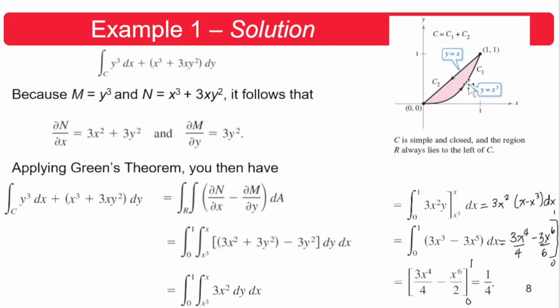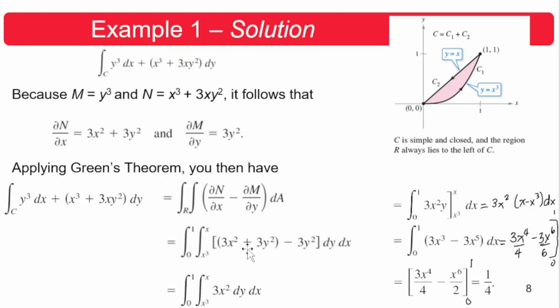So the lower y limit is y equals x cubed, and the upper y limit is y equals x. For x, it starts from the point 0, 0 to 1, 1, so the lower limit of x is 0 and the upper limit of x is 1.